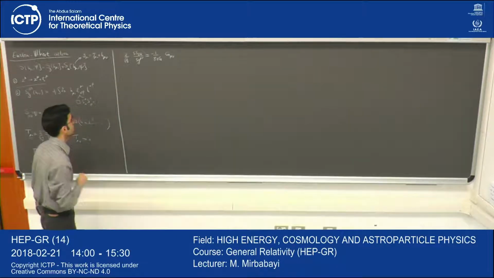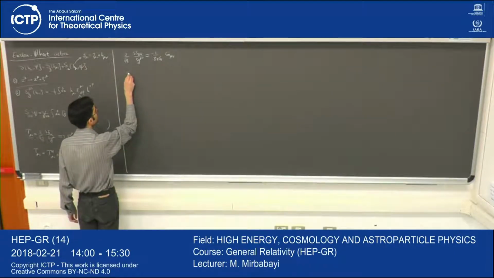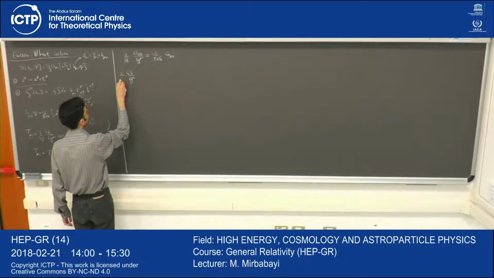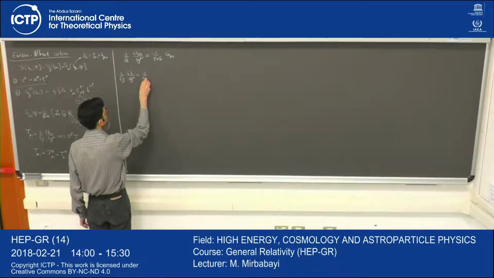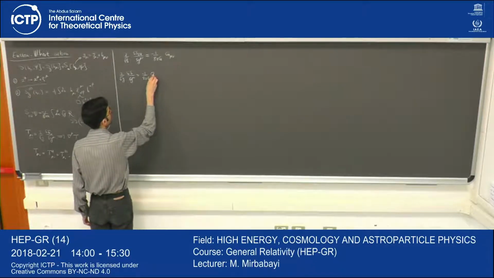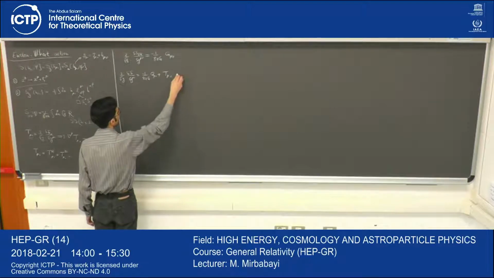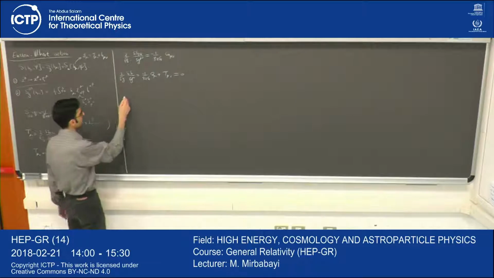So if I put these two terms together, the variation of the total action with respect to G mu nu, if I multiply by 2 over the square root of minus G, that gives me minus 1 over 8 pi G mu nu plus T mu nu, and that has to be 0 on shell. So that gives the Einstein equation.